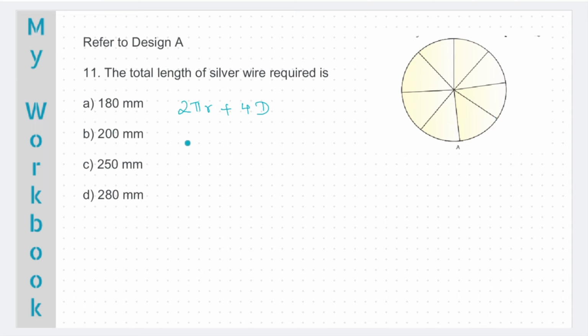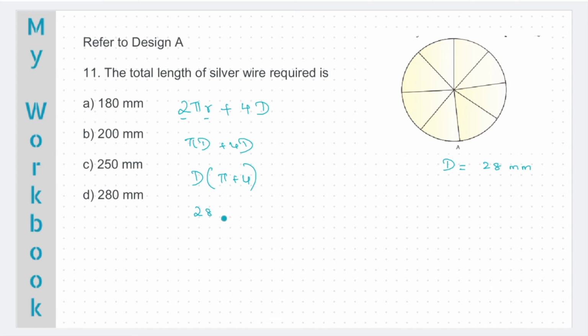So we can simplify this. 2r can be written as diameter d, plus 4d. We can pull out the diameter as common: d times pi plus 4. The diameter is given as 28 millimeter.